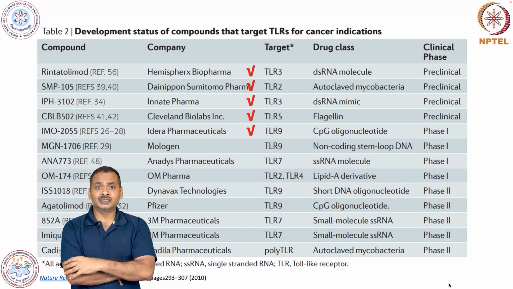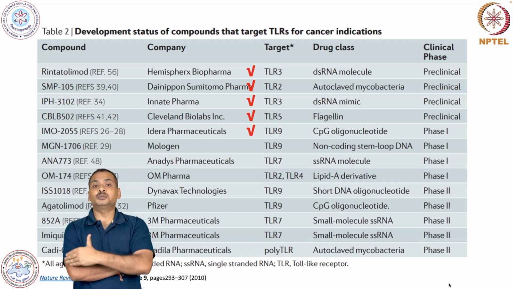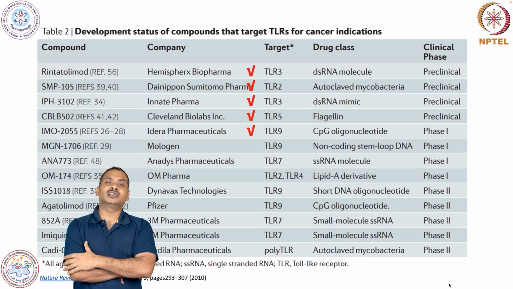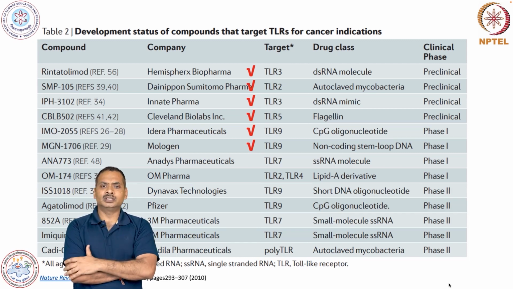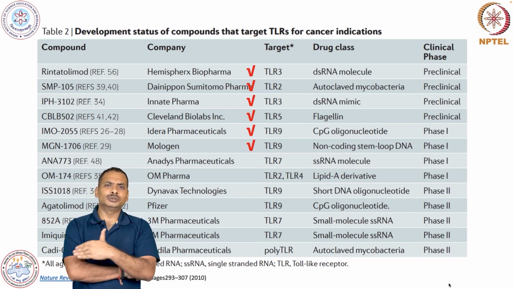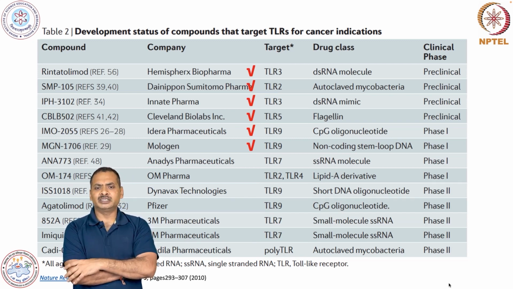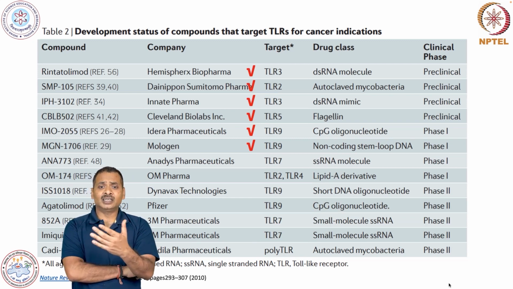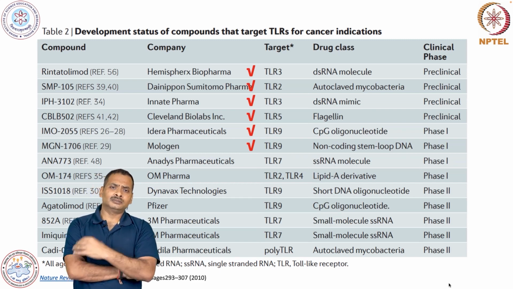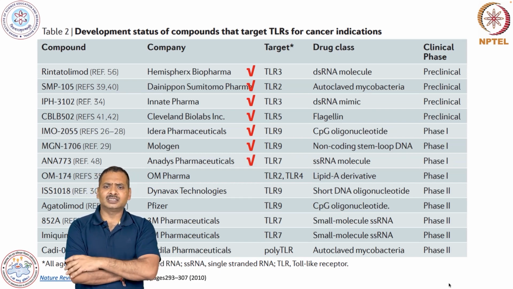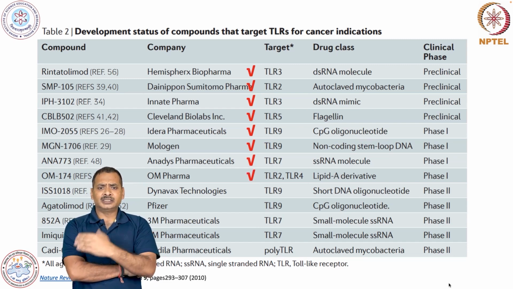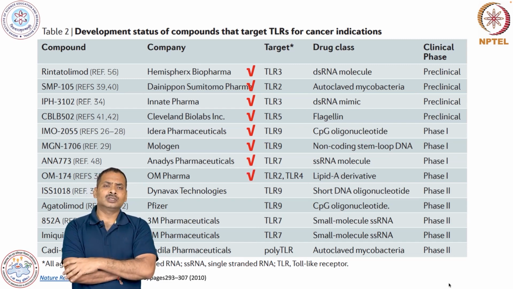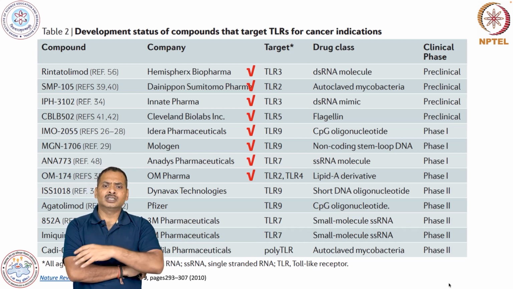There is no methylation, so they also have a good potential to activate the TLR9 mediated signaling. There is some non-coding stem loop DNA which is also used to activate this TLR9 mediated signaling. There is a TLR7 ligand, that is single stranded RNA molecule, and there is a TLR2 and TLR4 ligand which is lipid A.